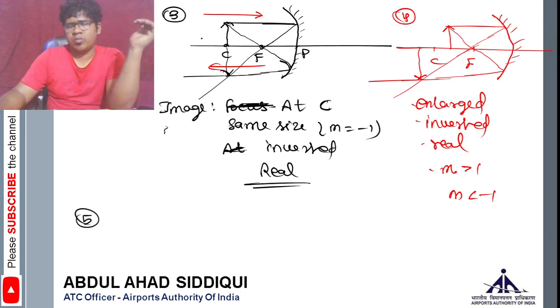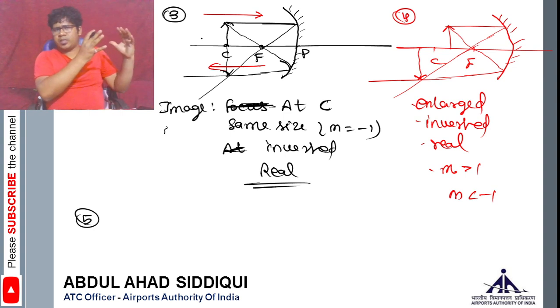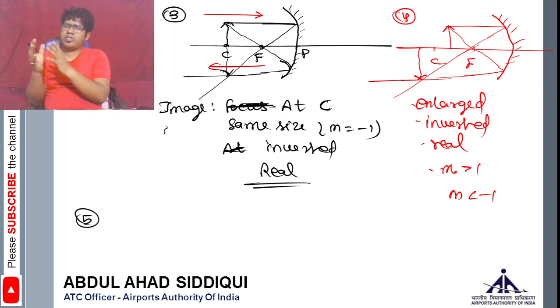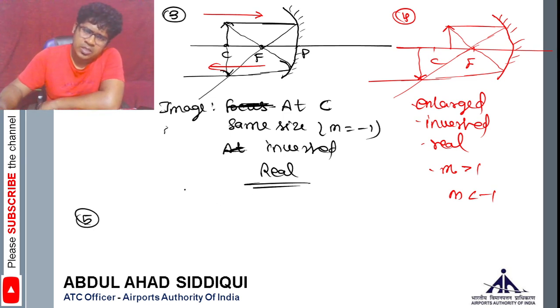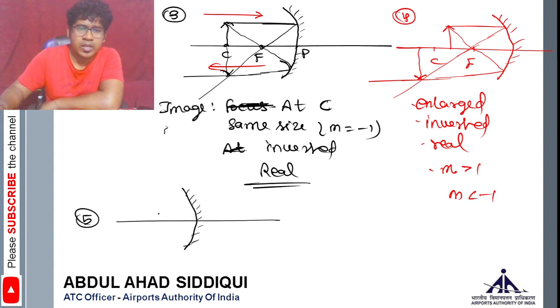Last, fifth. You are finally moving the object towards the pole and your image is moving away from the pole. So what is happening in the last case: let's say the object is here at focus, it will go parallel, after reflection it will pass through this one.